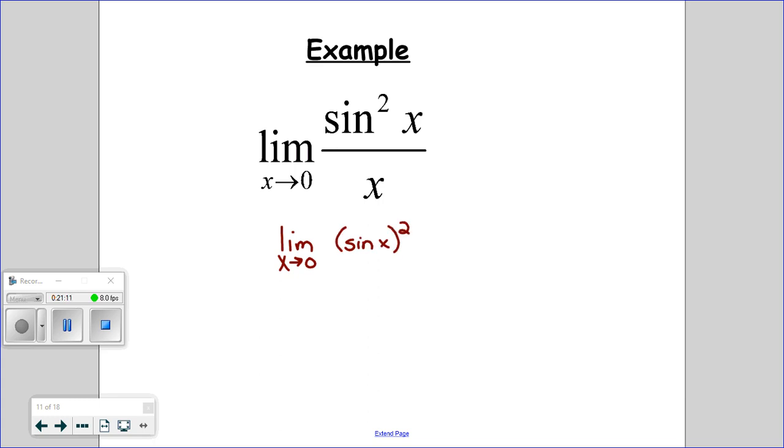The only reason I do that is to remind you that if something is squared, that means it is that thing times itself, or sine of x times sine of x. So I really could even rewrite it as sine of x times sine of x.